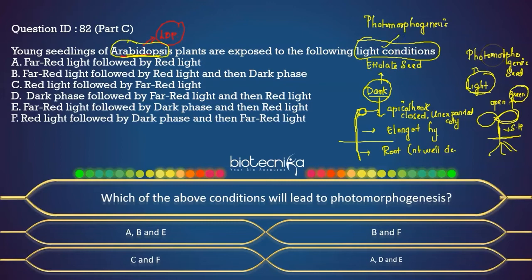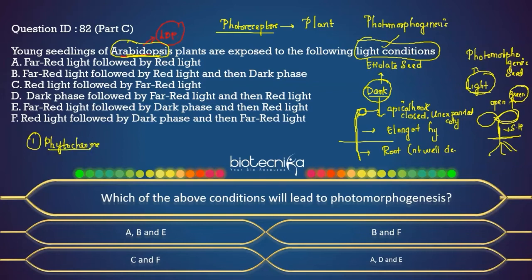These light conditions are induced by photoreceptors present in the plant, the ones which actually receive light. One among them is the phytochromes.